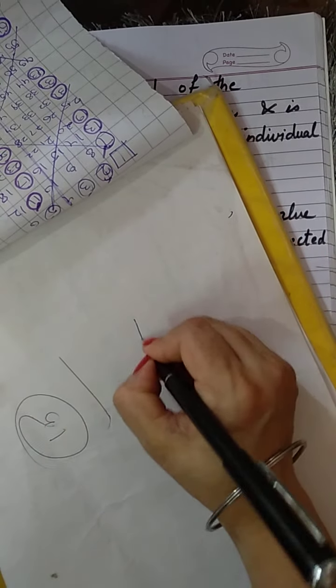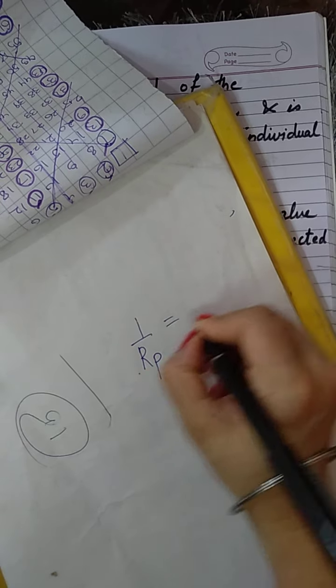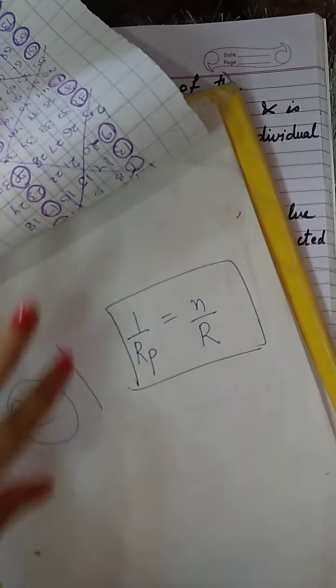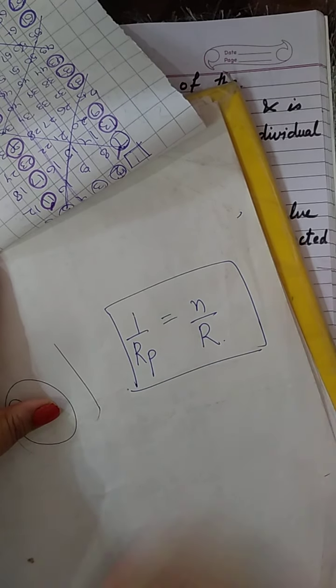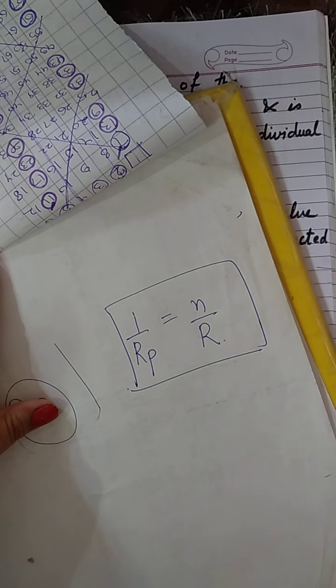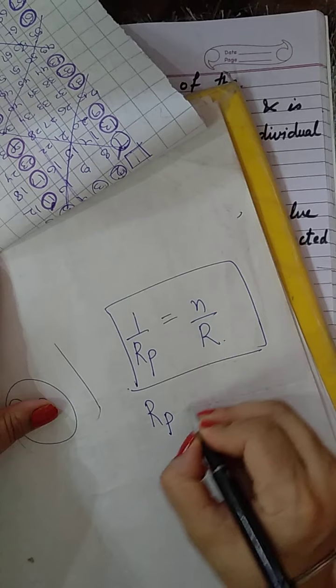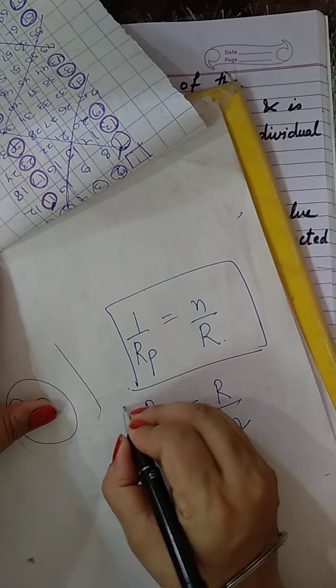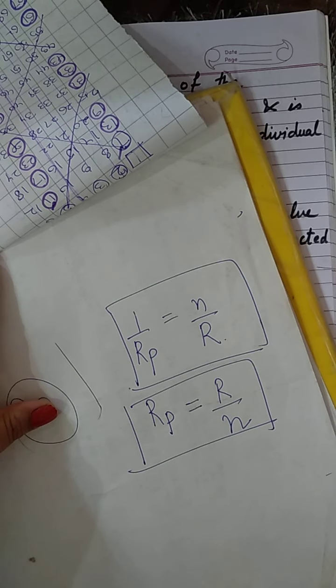That means 1 upon rp will be given by n over r if we are having n resistors of same value. Or we can also write it rp will be equivalent to r over n. Don't forget to reciprocate it.